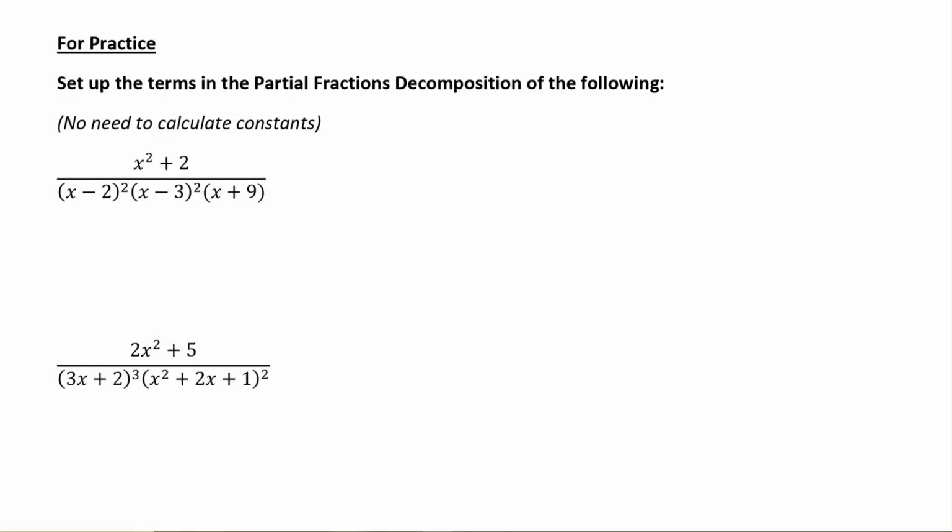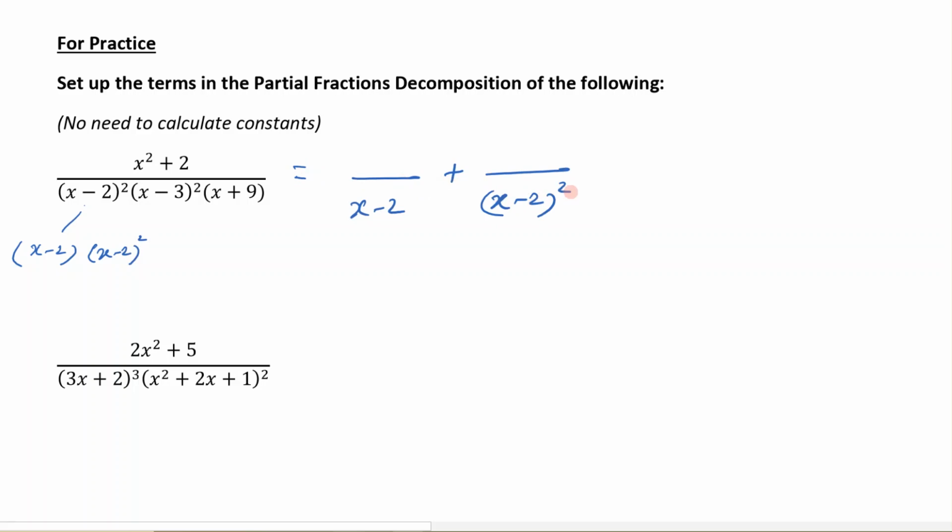All right, so in the first one, we have three linear factors in the denominator, and out of those, two have some degree. So x minus 2 whole square has degree 1 and degree 2. So corresponding to this, we're going to have two terms with these denominators.